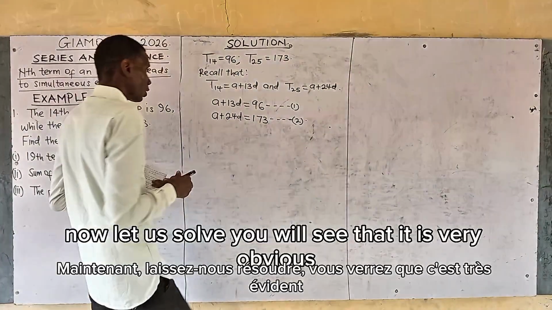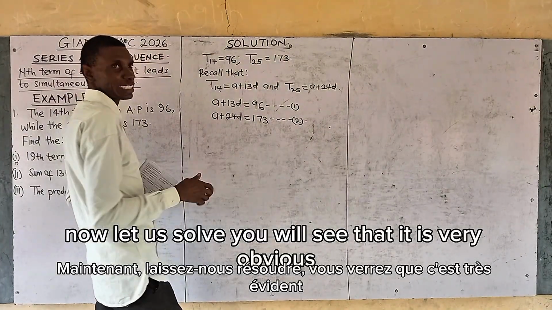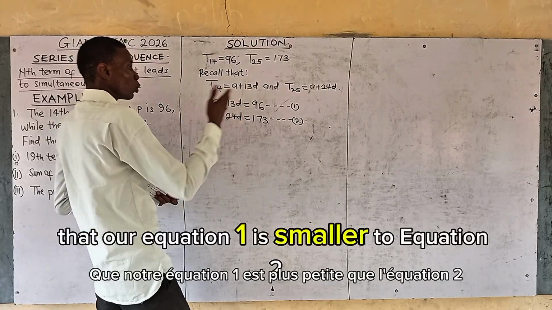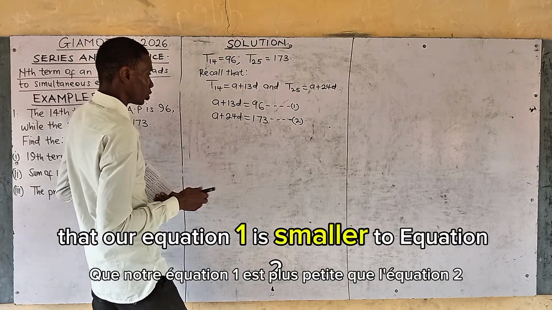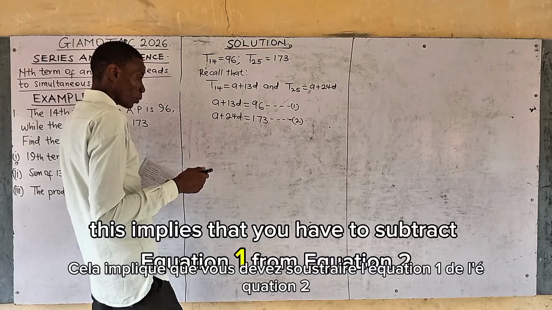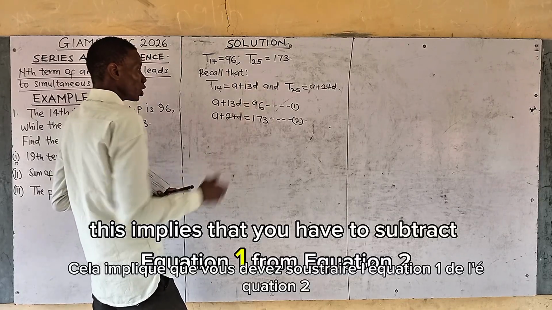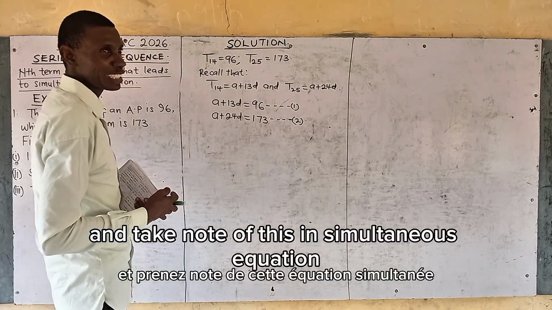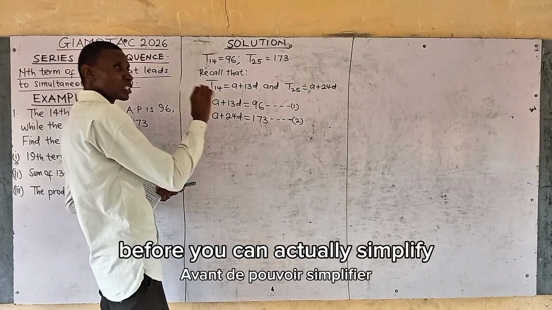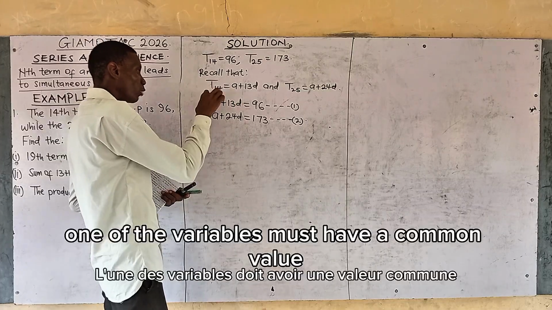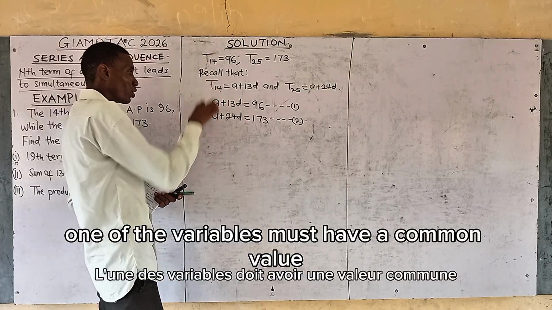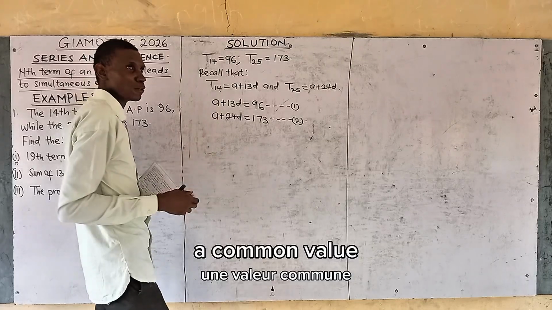From here now, let us solve. You will see that it is very obvious that equation 1 is smaller than equation 2. This implies that you have to subtract equation 1 from equation 2. And take note of this in simultaneous equations: before you can simplify, one of the variables must have a common value.